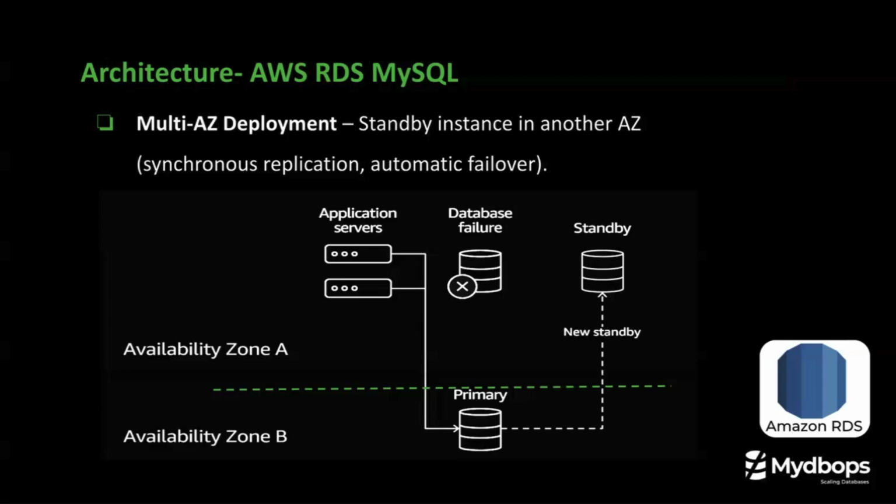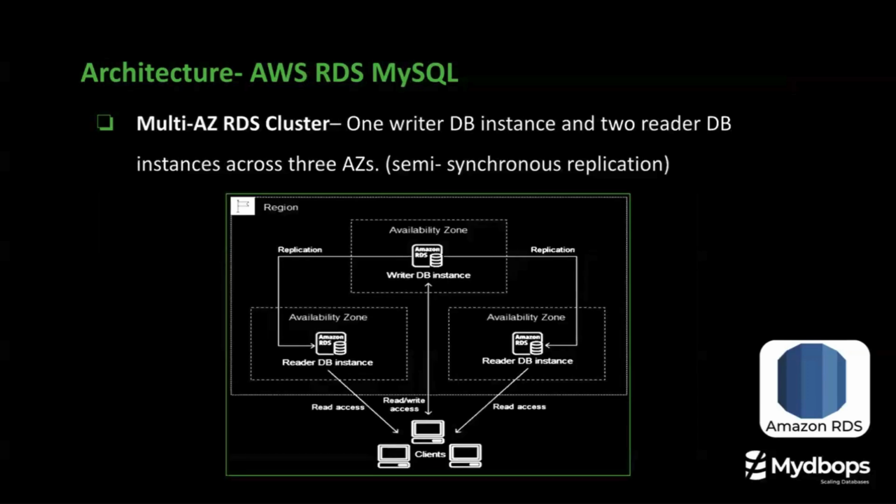We can't settle here, though. We have more interesting features added on the AWS managed database services. In RDS itself, along with single AZ and multi-AZ standby, we have another advancement, which is the multi-AZ RDS cluster. In this cluster setup, AWS maintains your write or database instance in one availability zone and the other two reader instances in two different availability zones.